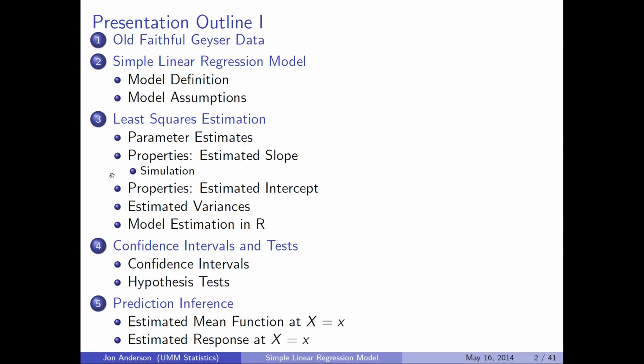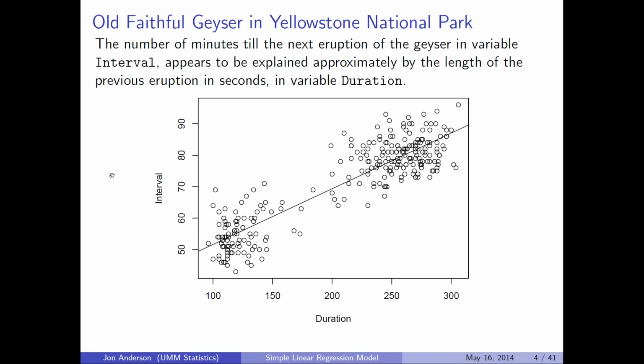We'll get started here with an example of a response variable called interval and a predictor variable called duration. These data are from Old Faithful Geyser in Yellowstone National Park, where duration measures the number of seconds that the previous eruption lasted.